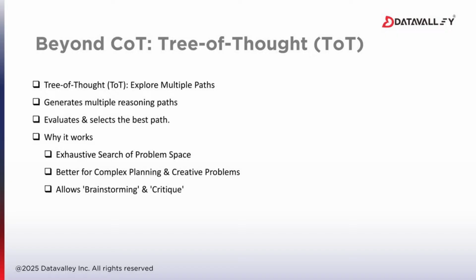And next, it allows brainstorming and critique. Yes, the model can generate several ideas, in the sense of several thoughts, and then critically evaluate each one against the specific criteria which we give. So this process simulates more human-like decisions, where options are considered and refined.